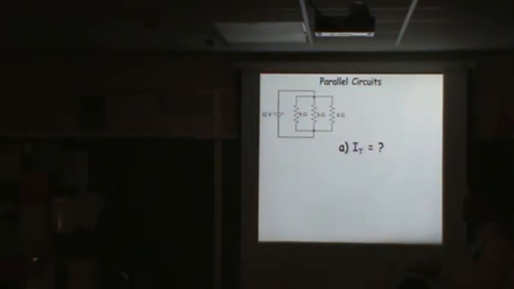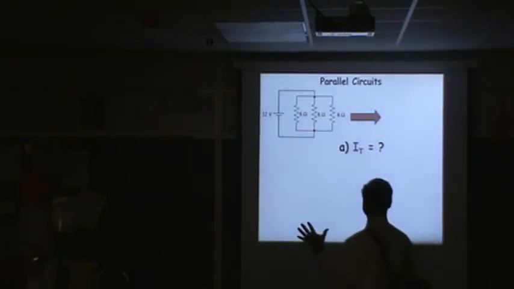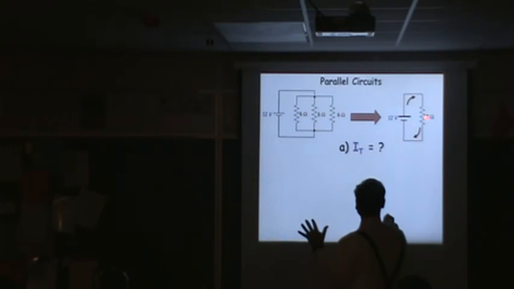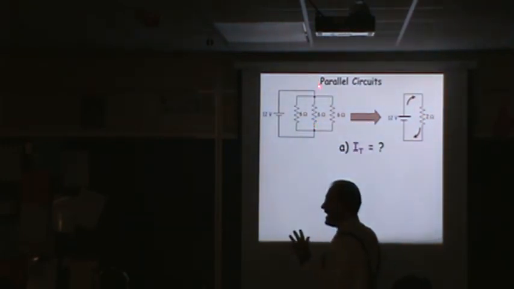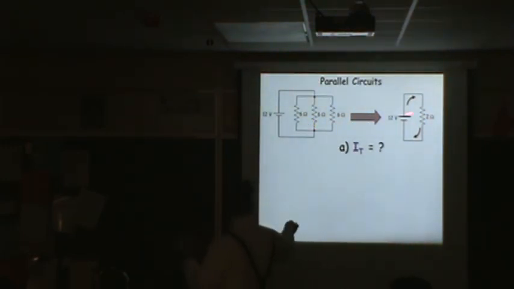Now again, we want to know what the total current is. Let's see if we can finish up this one. That circuit really is like that circuit. This circuit is equivalent to that circuit. All three of those resistors really act like one resistor with a value of 2 ohms. Now that I know the net resistance, I can find the total current flowing in this circuit using Ohm's law.